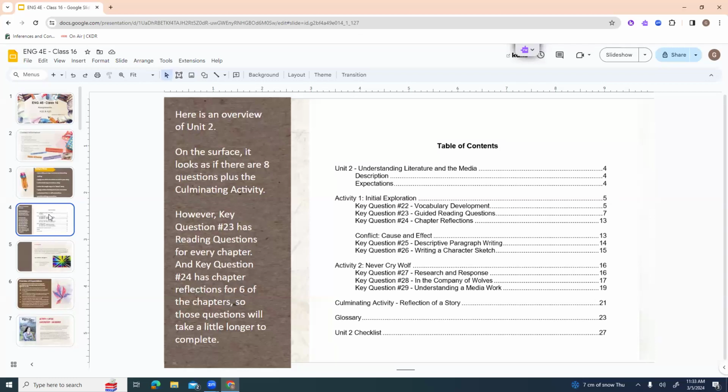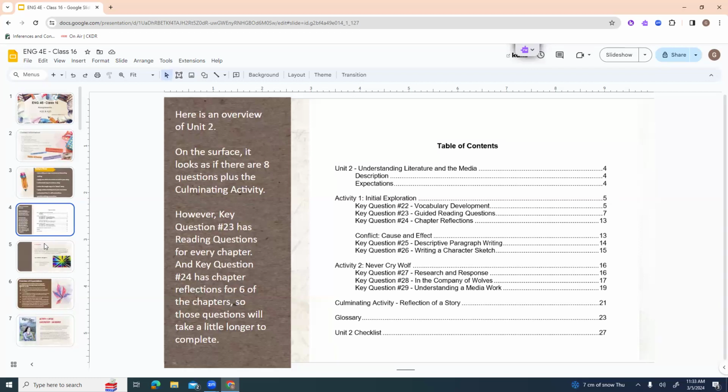Then we are looking at a media production of Never Cry Wolf, which is by Farley Mowat, a very famous Canadian writer. And we're looking at researching in response to that, in the company of wolves, and understanding in media work. And then we have a culminating activity where we reflect on the story.